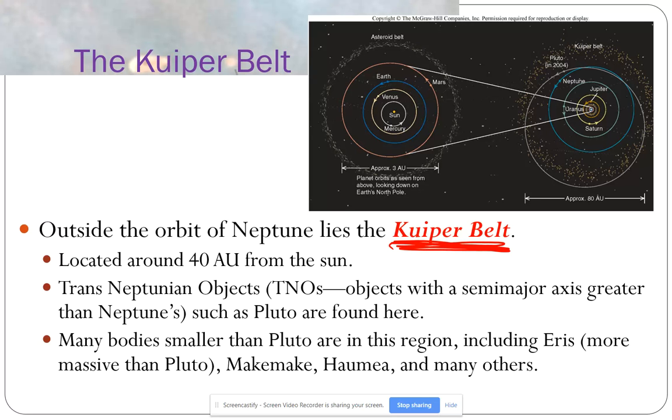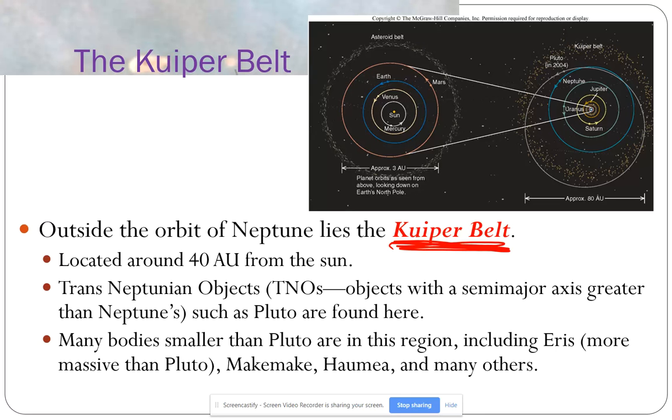So the Kuiper Belt are objects orbiting beyond Neptune that are largely icy. Right now we know of a lot of them, and some of them are big. In fact, Pluto is not the biggest Kuiper Belt object. The biggest that we know of is believed to be Eris. You see I have there, including Eris, more massive than Pluto.